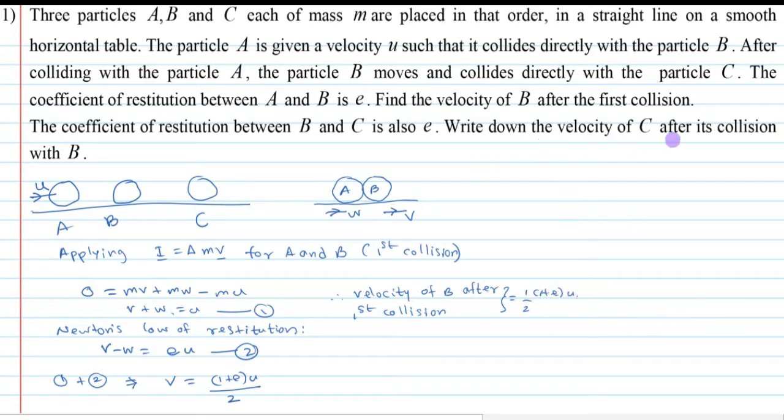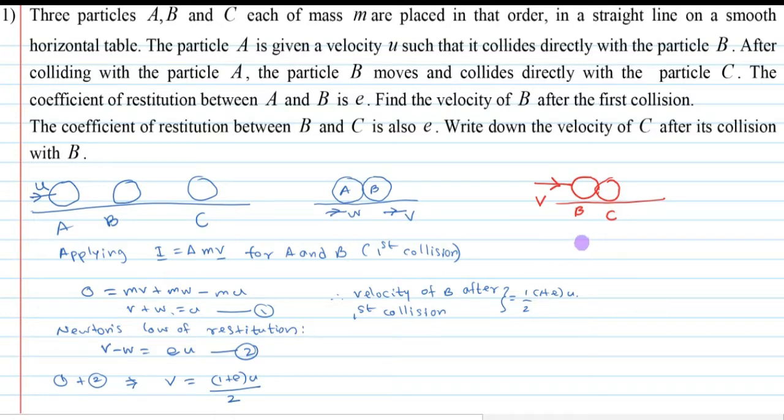Then we have to write down the velocity of C after its collision with B. Let's consider the second collision. B collides with C with velocity v.